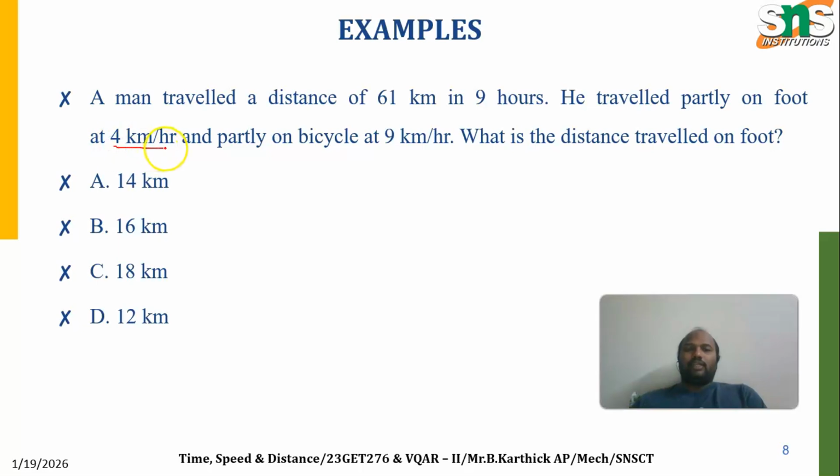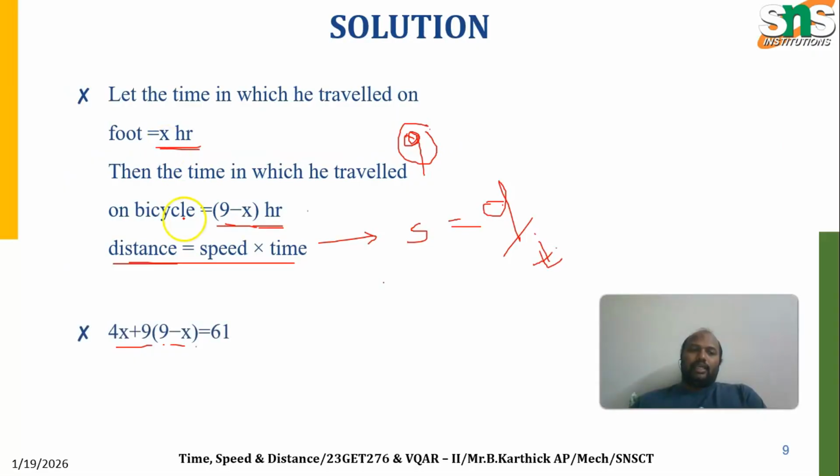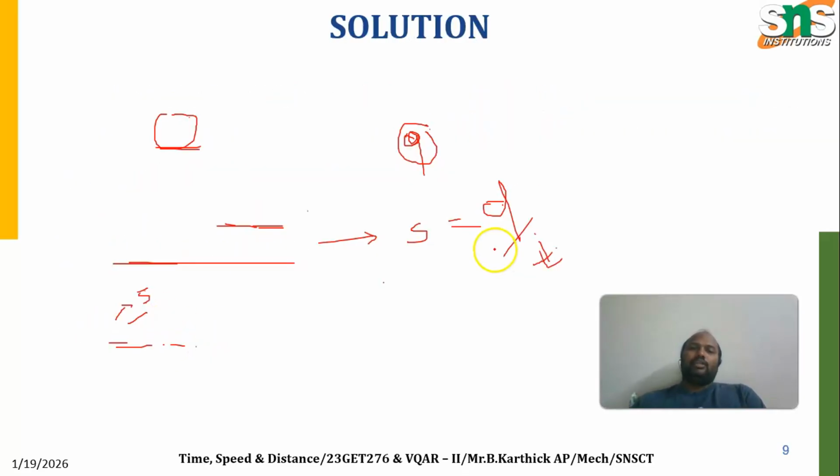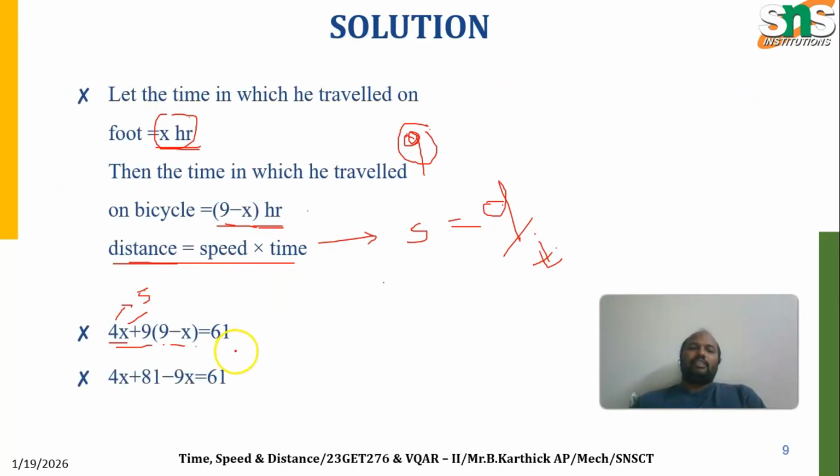The 4 kilometers per hour is the speed taken on foot, and x is the time traveled on foot in hours, plus the 9 for the bicycle. If we solve like this, we get 61 equals 61.